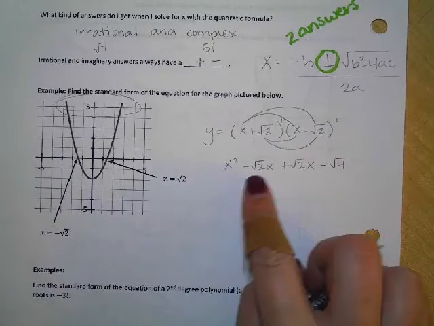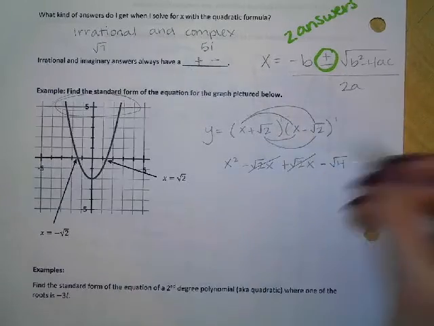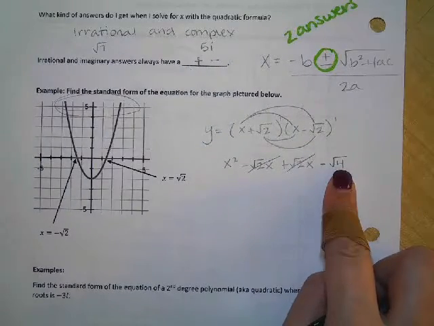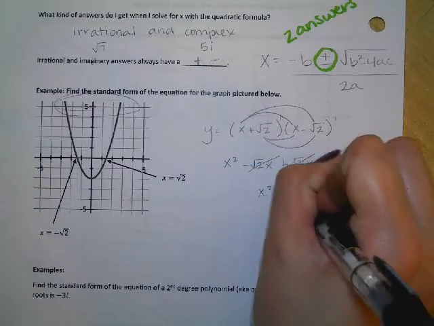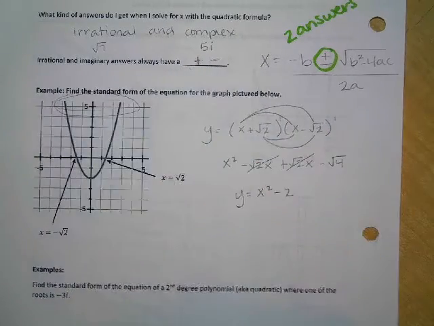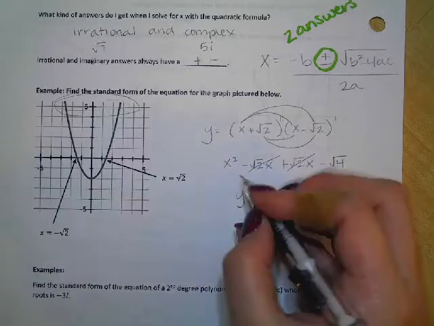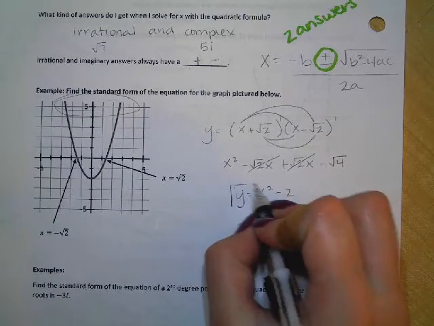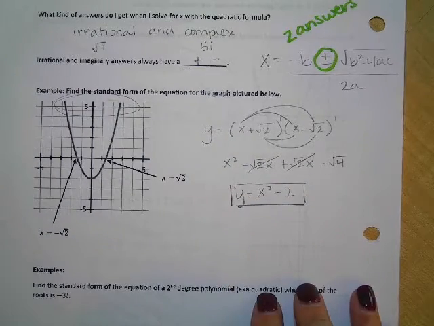What happens with these two? They cancel out. What's the square root of 4? 2. So I have x squared minus 2. Even though the problem felt like it was going to be messy when we got started, it ended up being really nice.